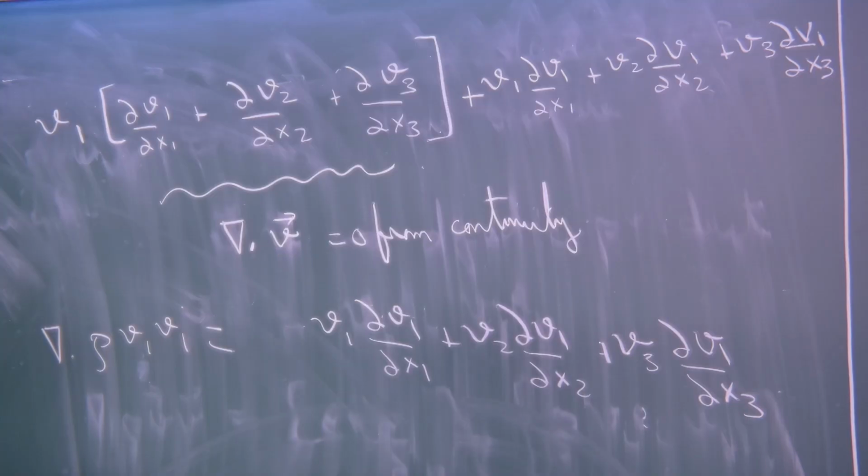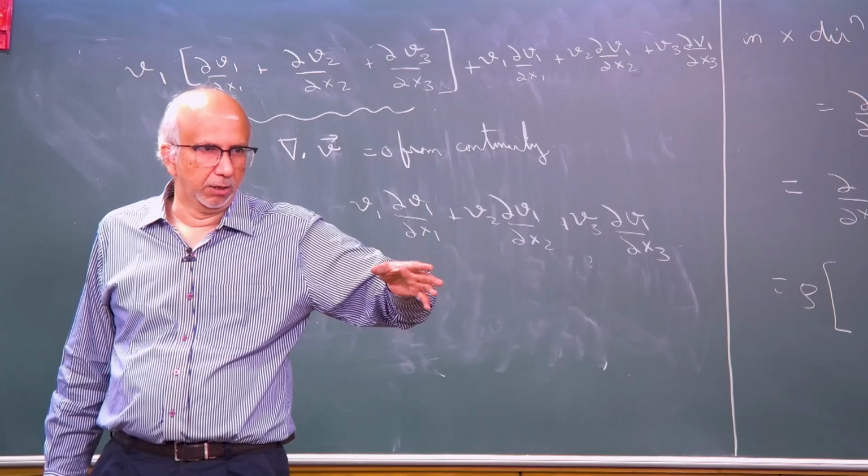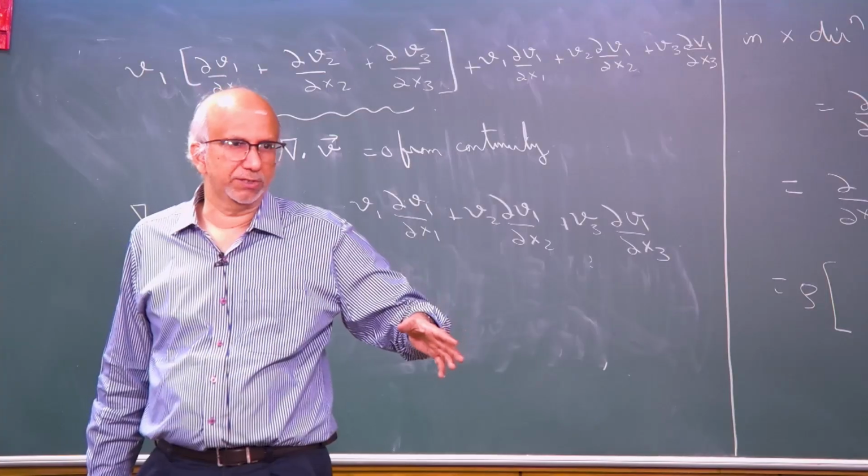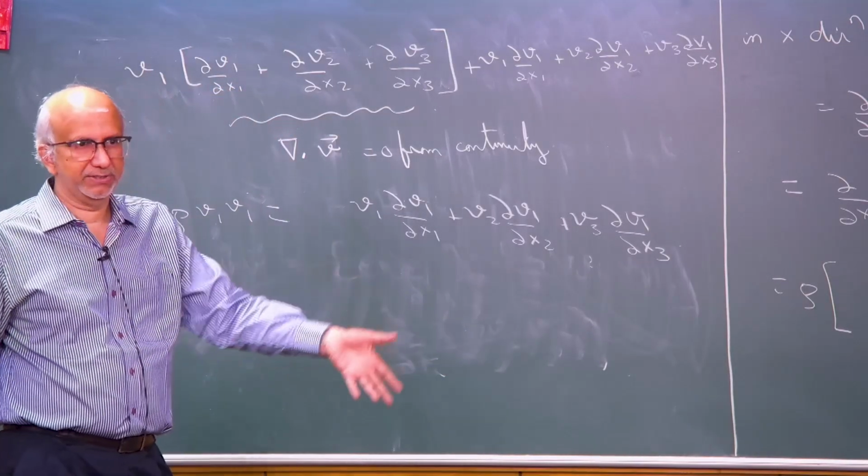Remember, what you are used to is V1 is U, V2 is V and V3 is W, and x1, x2, x3 are x, y, z.